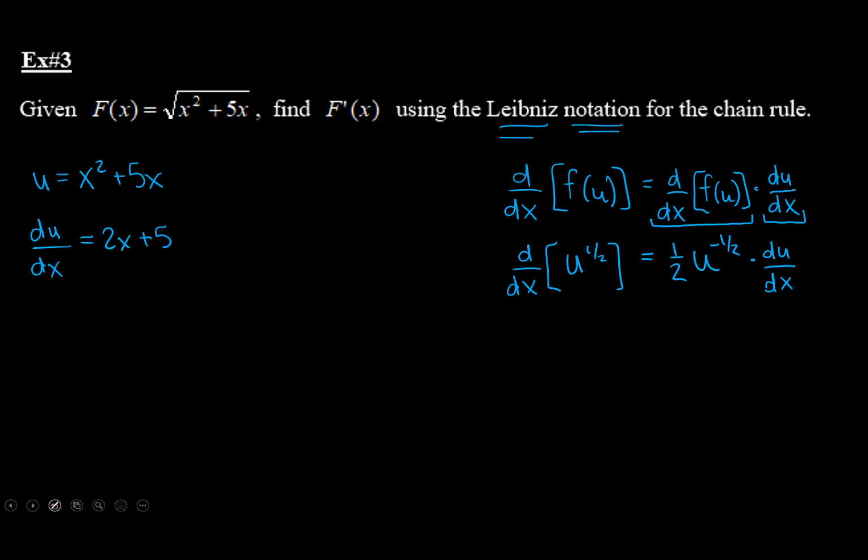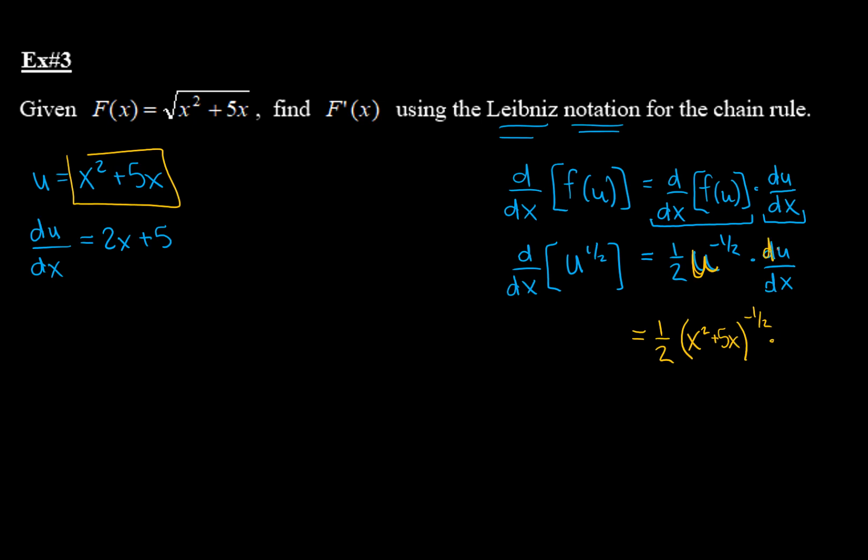All right, well, let's substitute that stuff back in. So I need to substitute the u in. So I'm going to get here 1/2 times the x squared plus 5x to the negative 1/2.